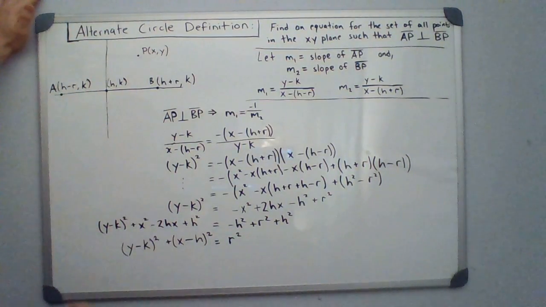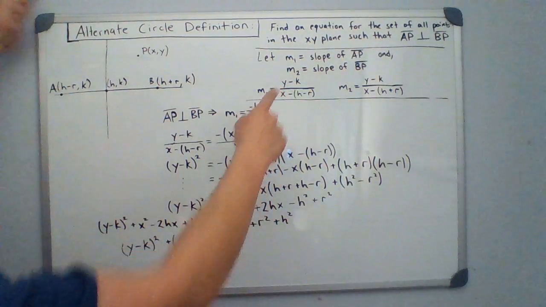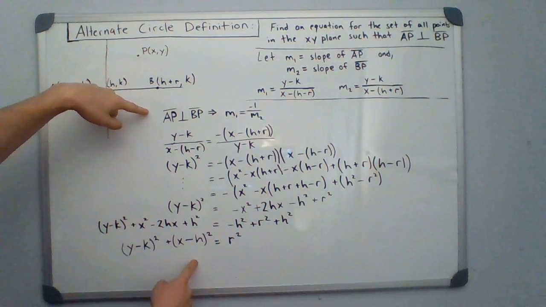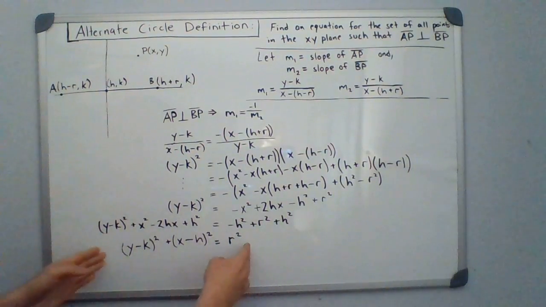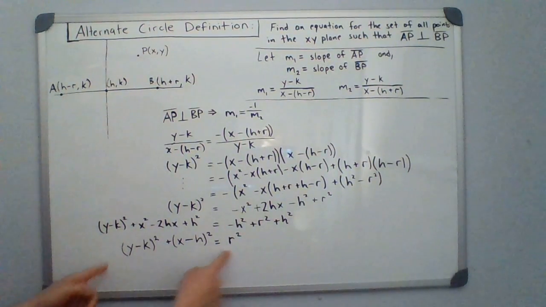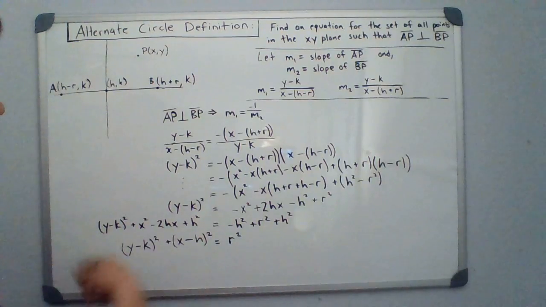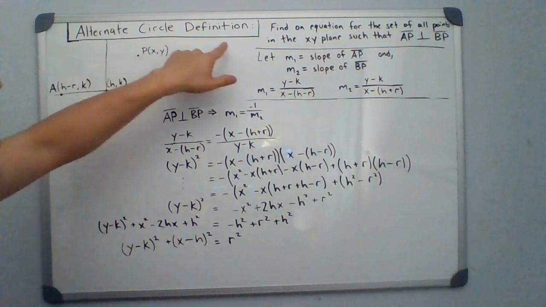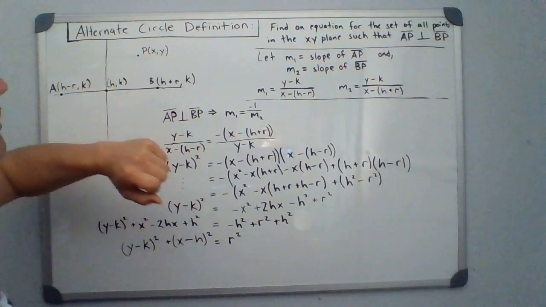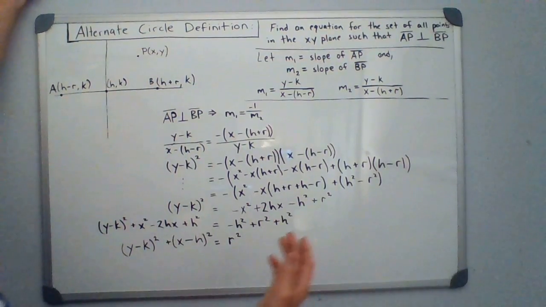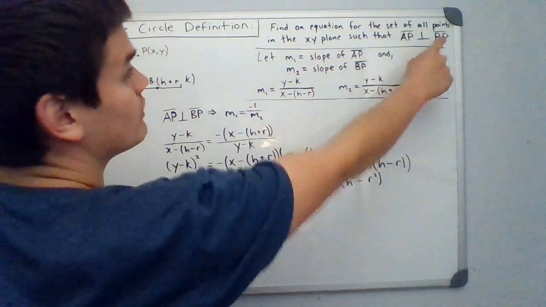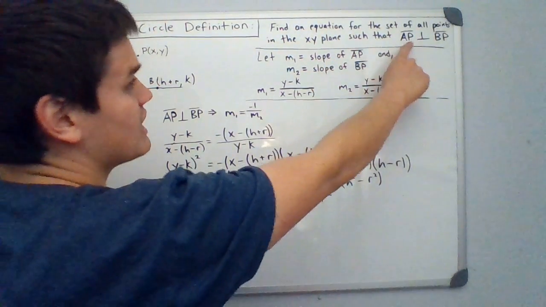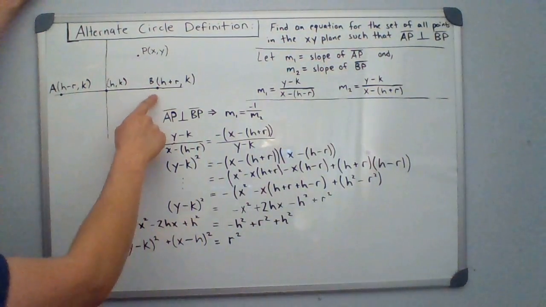That the result we got of those perpendicular lines shows that, I'm sorry, what am I trying to say? It shows that it generates an equation of a circle. So in other words, this is an alternate definition for a circle. The alternate definition of the circle is the equation for the set of all points in the xy plane such that AP is perpendicular to BP.